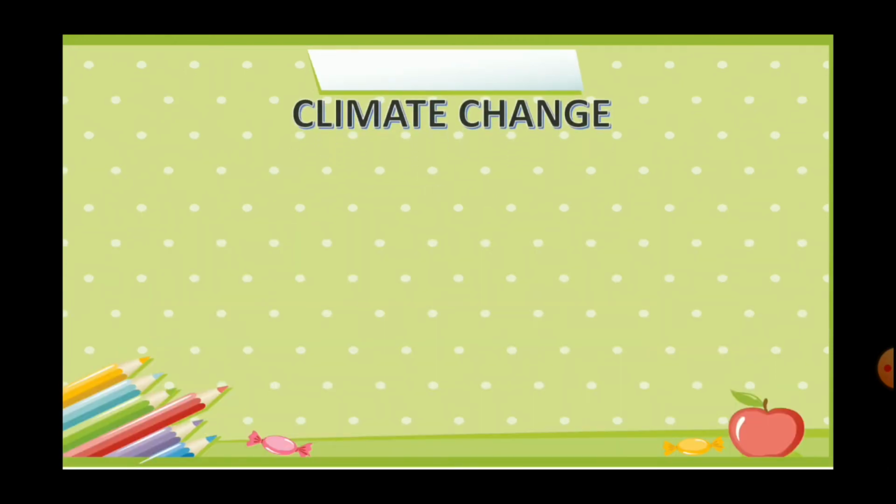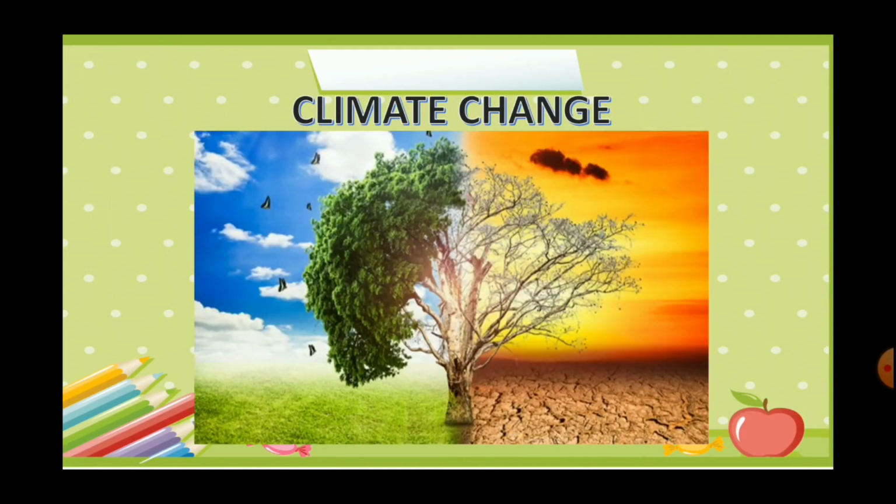Similarly, climatic change is also related to pollution, like global warming. Global warming is due to the increase in greenhouse gases in the atmosphere. We are adding greenhouse gases through our factories.